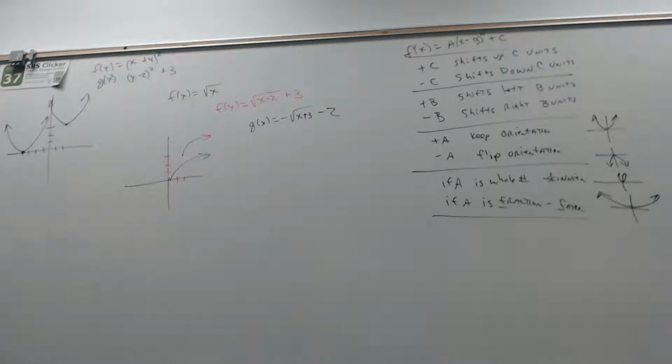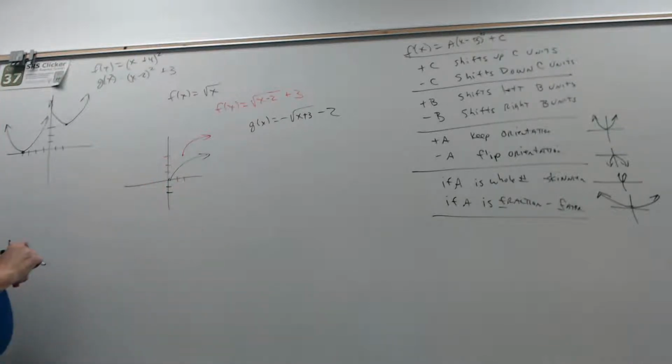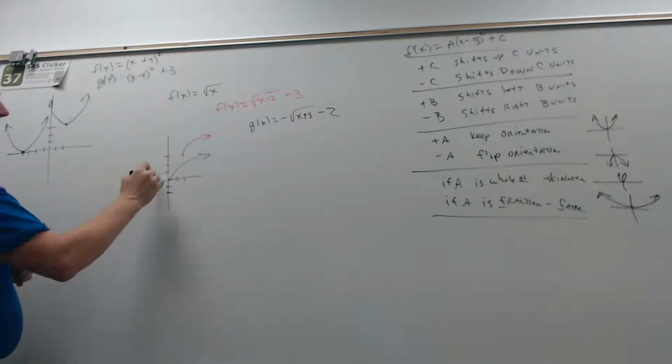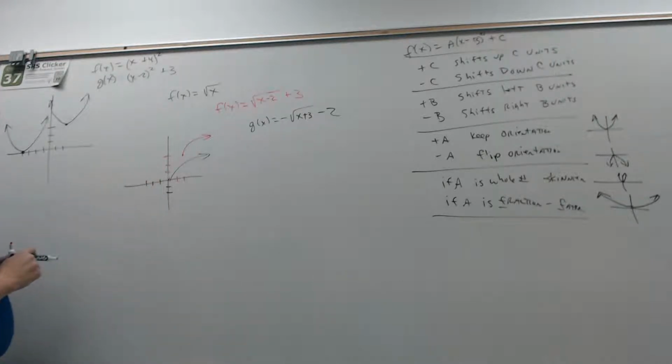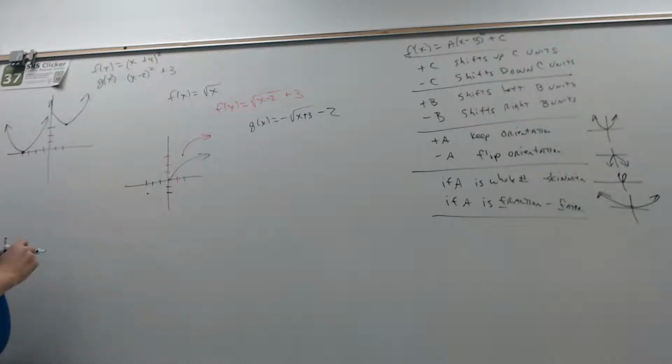Angel, it's been a long time since I picked on you. What do you think? So first off, we know that minus 2 will bring it down 2. The plus 3 will shift it left 3: 1, 2, 3. Then assuming the negative in front means it's going to flip the orientation.